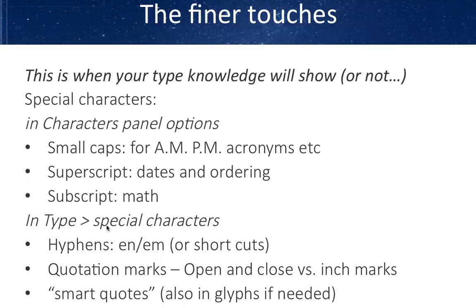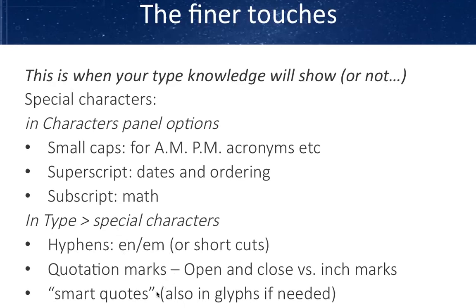And then under type and special characters in both InDesign and Illustrator, you can find different types of hyphens. There's N dash and M dash. There are also some shortcut keys for these that you can learn that become easier after a little while. And there are also specific quotation marks that you need to be using, either open and close marks, and they're different from inch marks.